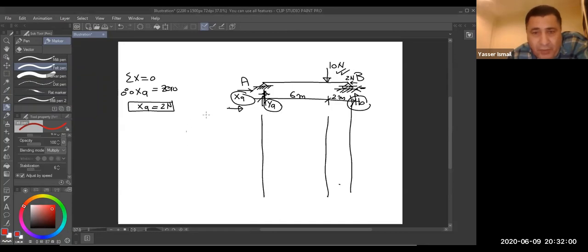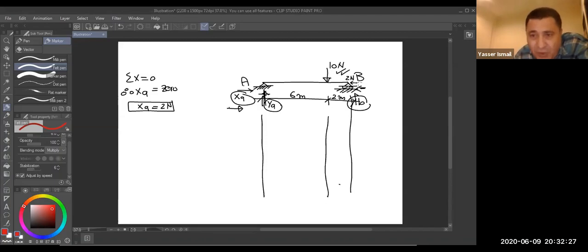So now, again, I will tell, we have an assembly supported beam, AB. This beam is exposed to an external downwards load, 10 Newton.